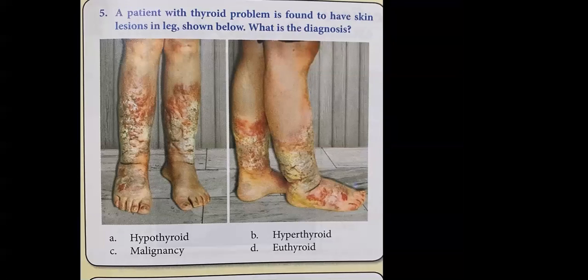Just remember, all the intrinsic muscles of the larynx are supplied by the recurrent laryngeal nerve, except cricothyroid, which is supplied by the external laryngeal nerve.